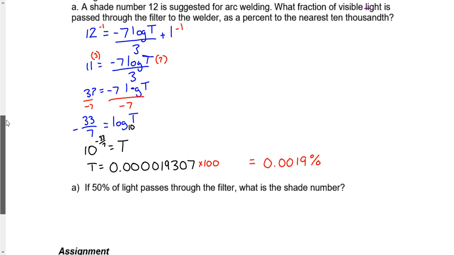If 50% of light passes through the filter, what is the shade number? Now this one is actually really nice. Since n is our shade number, again, I'm just going to leave this as a negative 7 times log of, for 50%, well, t is what fraction of the light? I'm just actually talking about 0.5, over 3, plus 1.